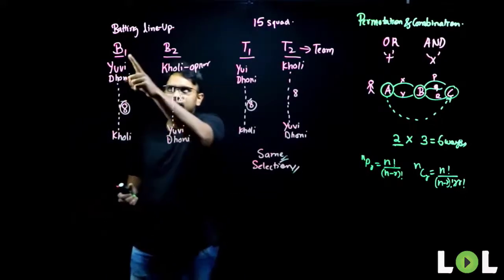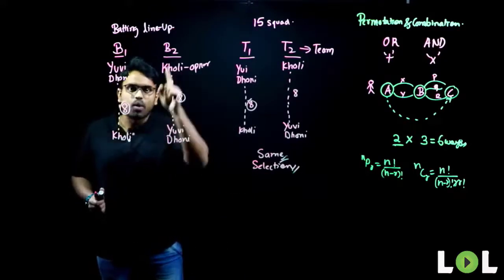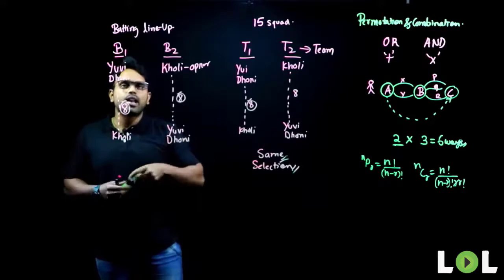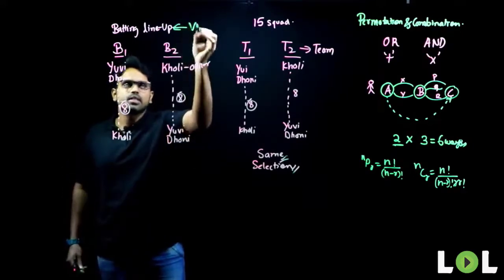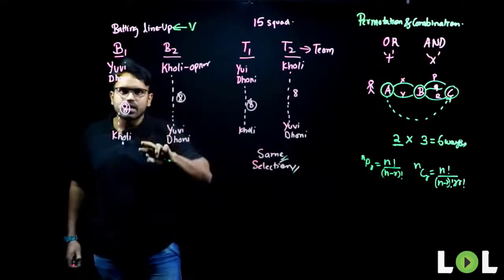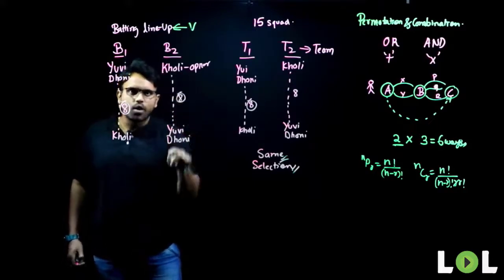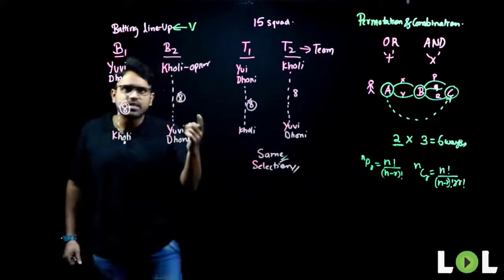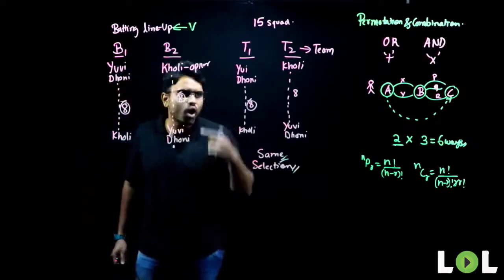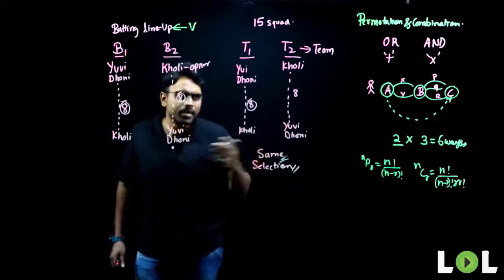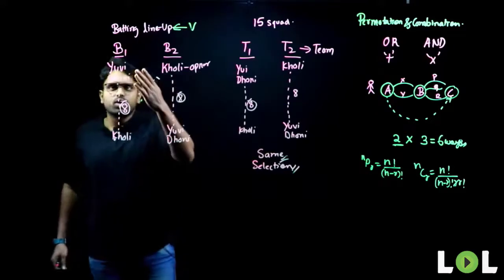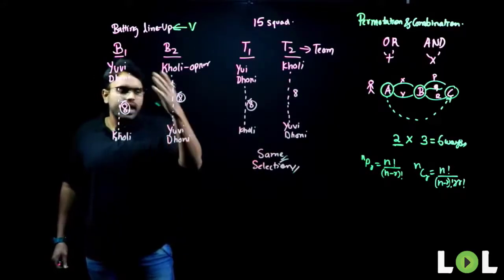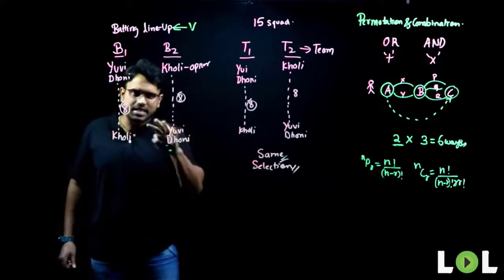Now guys, I'm talking about batting lineup. What is my value here? My value is batting lineup. Upon changing the order, did the value change? Answer me in the chat box. Is UV and Dhoni going as openers and UV and Dhoni going as tail enders the same?